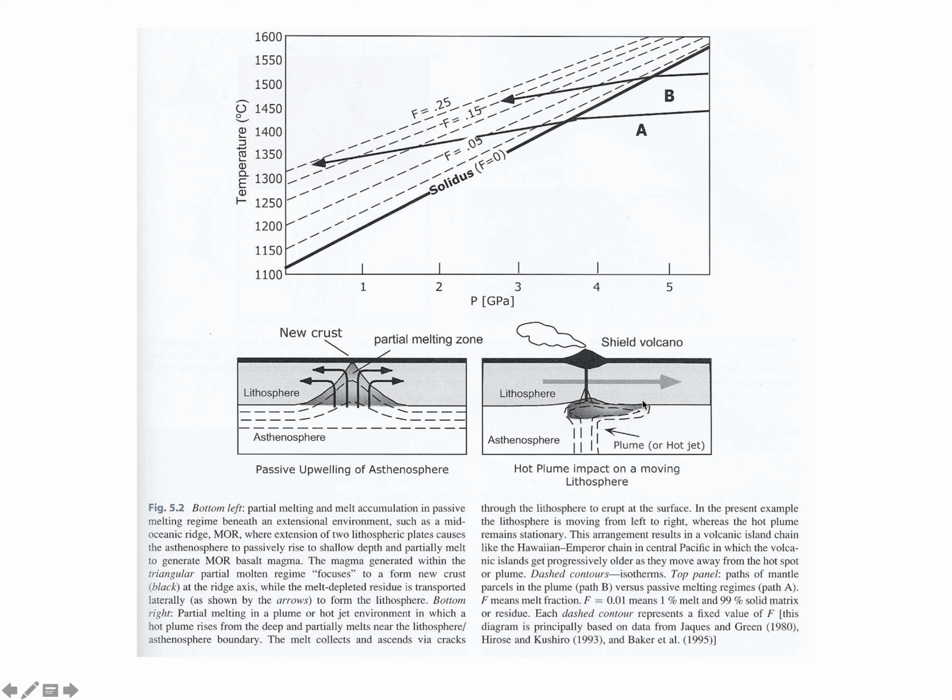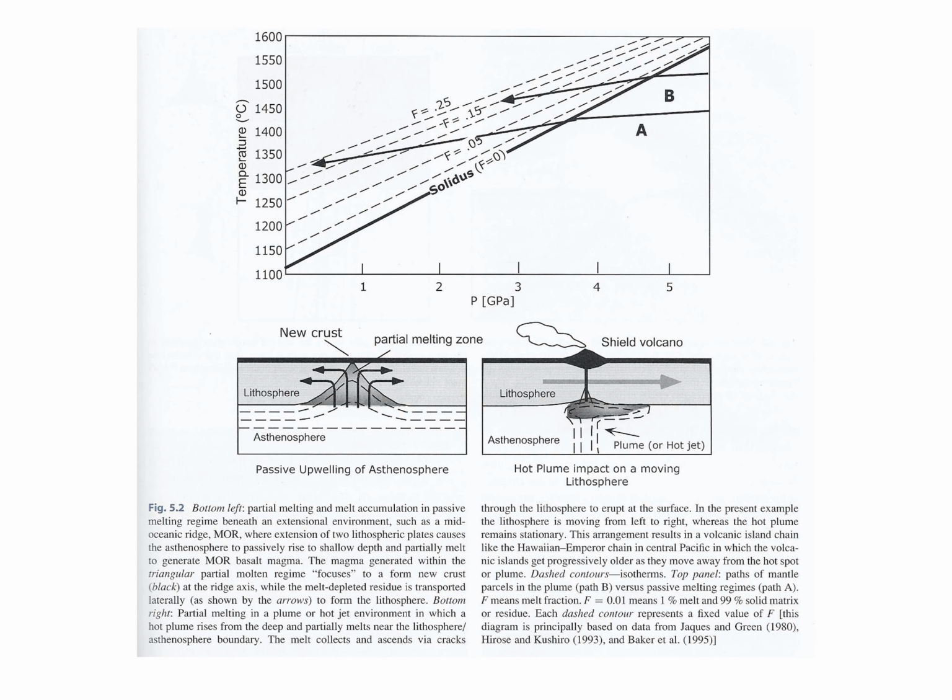In B, we have the movement of lithosphere, and below, at the asthenosphere-lithosphere boundary, we have the emplacement of a plume, and then the rise of a melt. At the surface we will probably form a shield volcano.